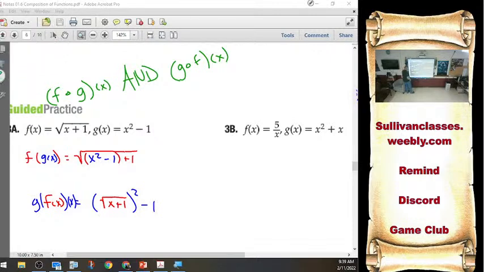All right. Interestingly enough, does anyone remember what that means? Louder? Inverse. The input is the output. If I do a composition of functions and I get the identity, that's an inverse.